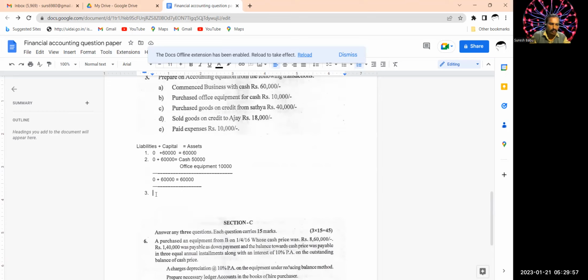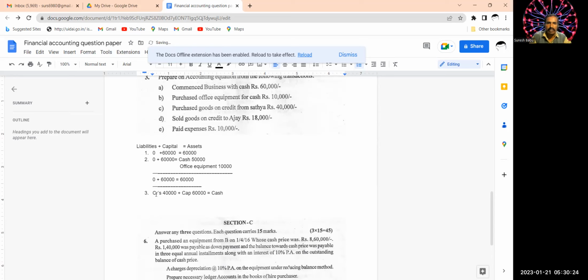Sandhya means, on liabilities side, creditors, how much? 40,000 plus capital, how much? 60,000 remains, is equal to, on asset side, how much cash you have?